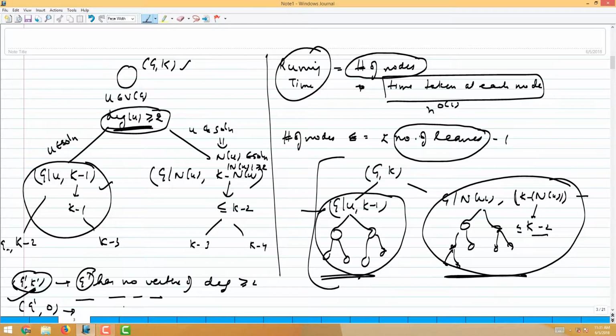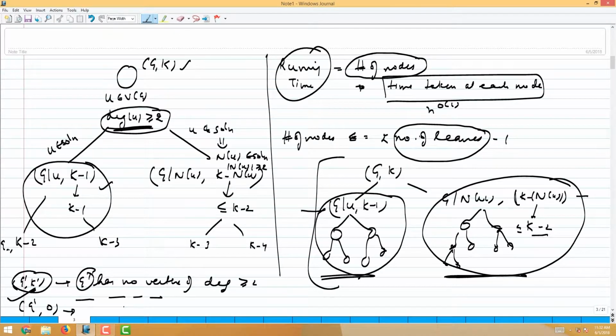Okay, one thing: the number of leaves in any branching tree, what do they depend on? Do they depend on n, the number of vertices in the graph? Levels, and what do the levels correspond to here? Like k, right? It depends on k.